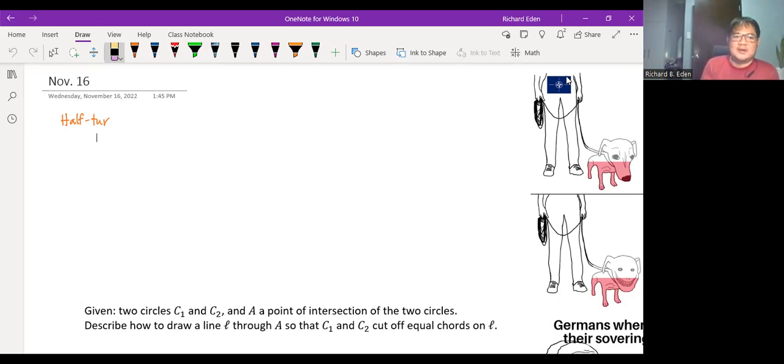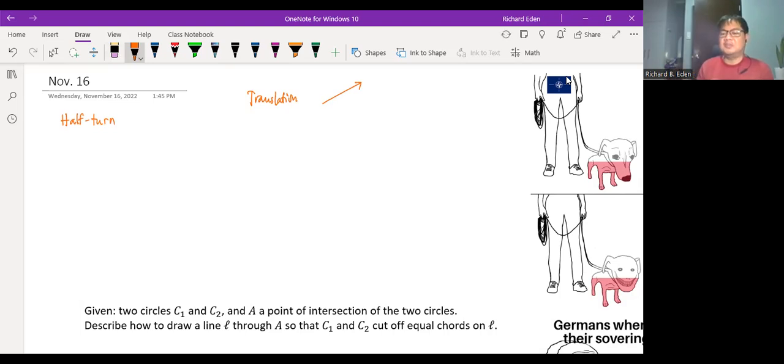So let me define. A half turn is a geometric transformation which requires a particular ingredient. Remember, when you do a translation, the important ingredient is a vector, because that tells us, starting with a point, you're going to move it what distance and in what direction.